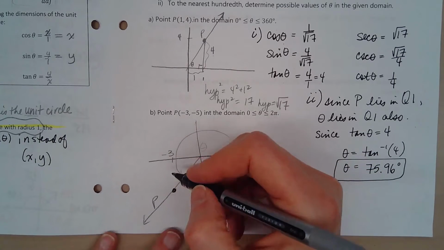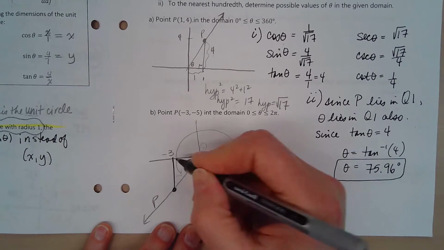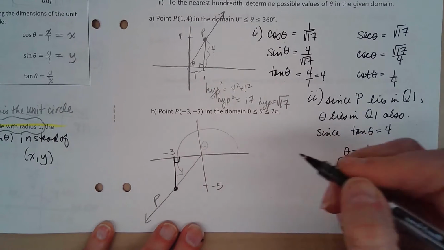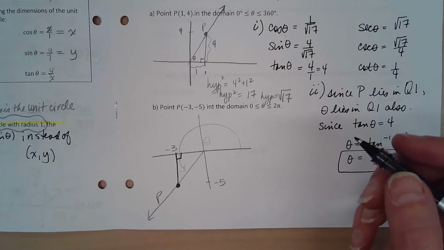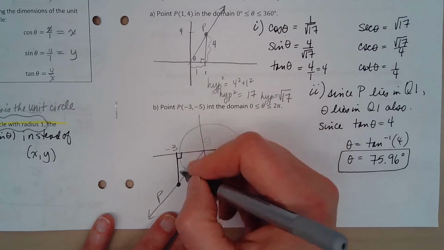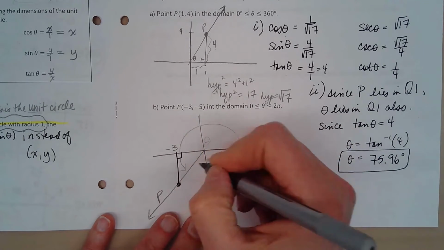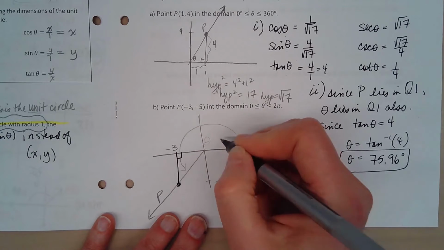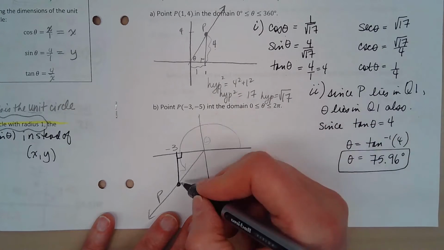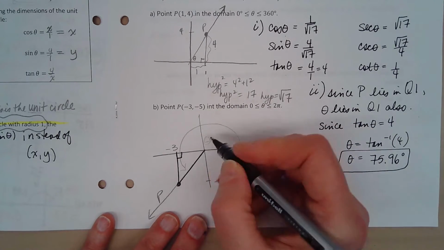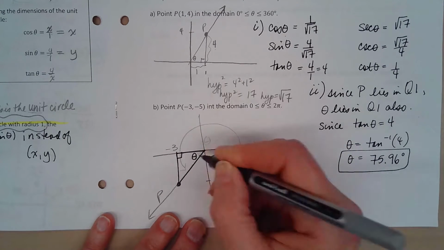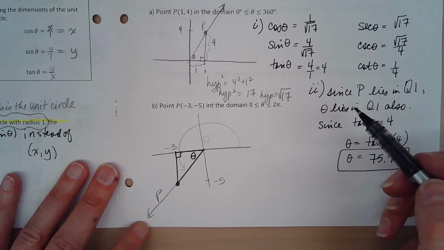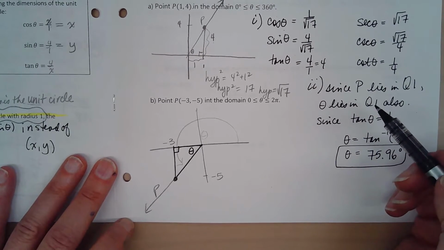Because reference angles give the same trig values as related angles, I don't have to worry that my angle is actually obtuse and covers 3 quadrants. I can just draw my right angle triangle and use the reference angle, if that makes sense.